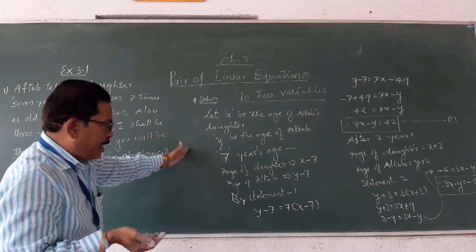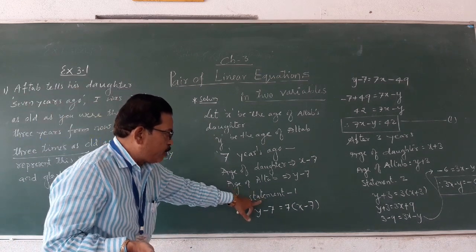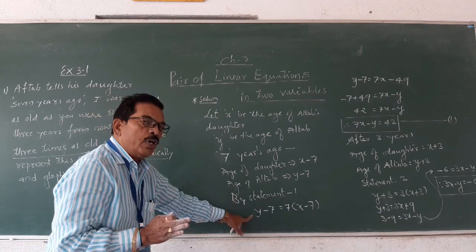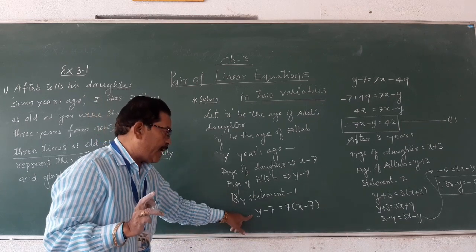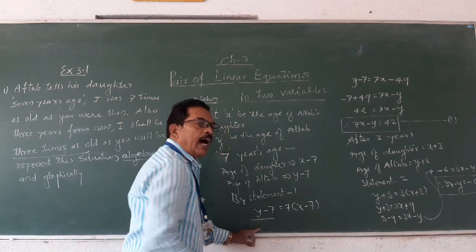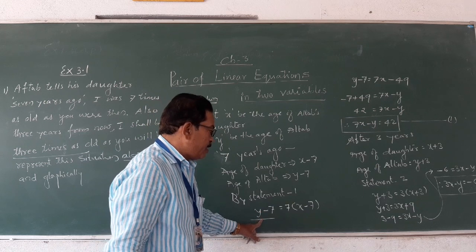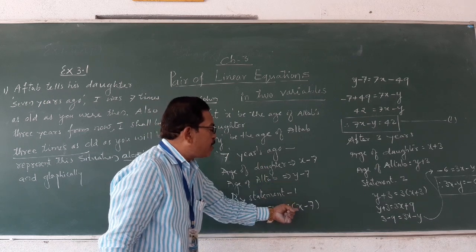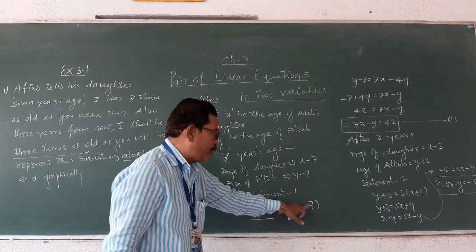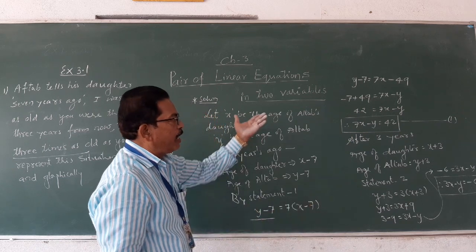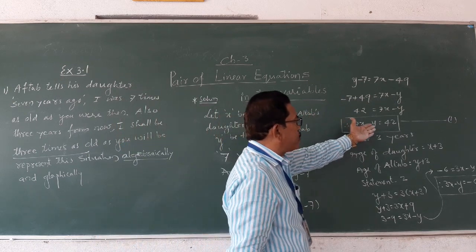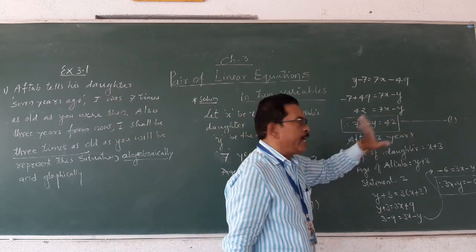So, we consider statement 1 and apply the verbal statement into the mathematical statement. Here, y minus 7 is Aftab. He is 7 times his daughter, whose age is x minus 7. So, 7 into x minus 7. Then by normal simplification, we got 7x minus y equals 42 as one of the equations.